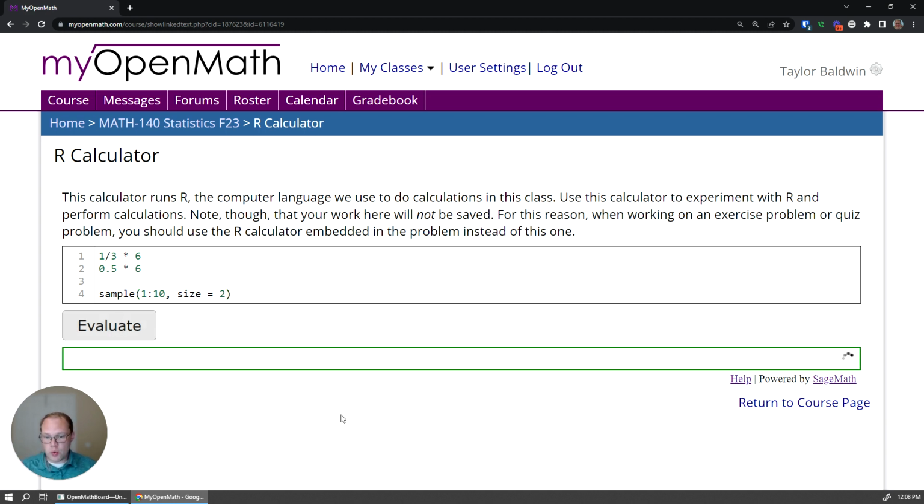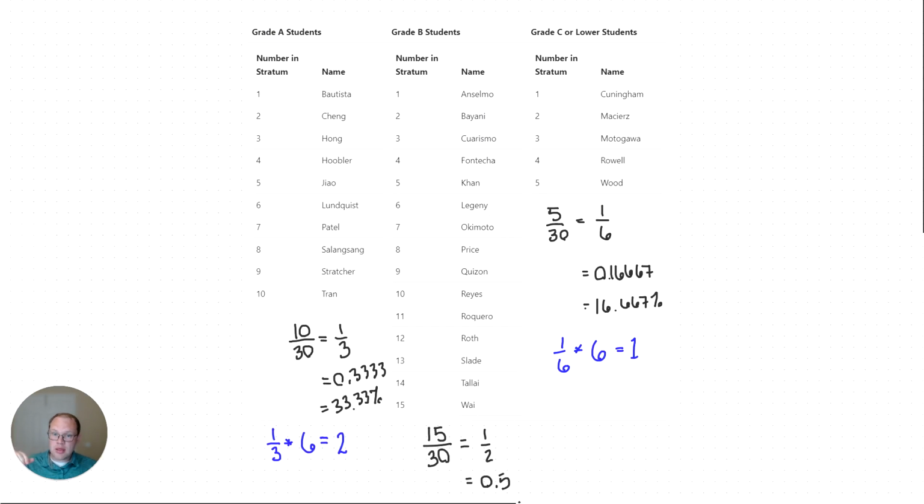So I'm going to randomly choose 2 of those students, and using the computer, we've randomly chosen student 2 and student 3. So looking at this group, student 2 and student 3, that's Cheng and Hong. So they're going to be our first students in our sample.